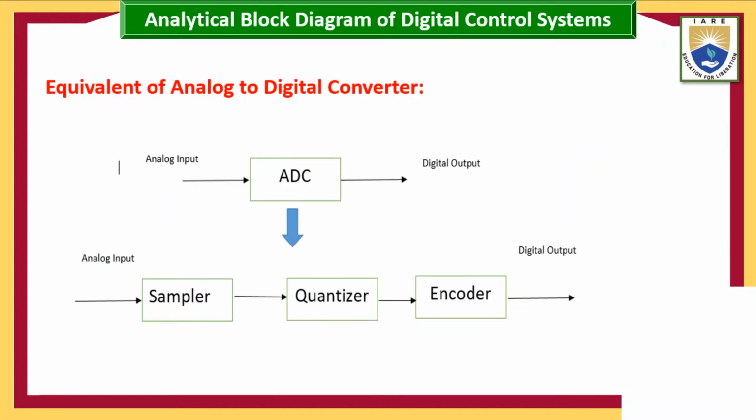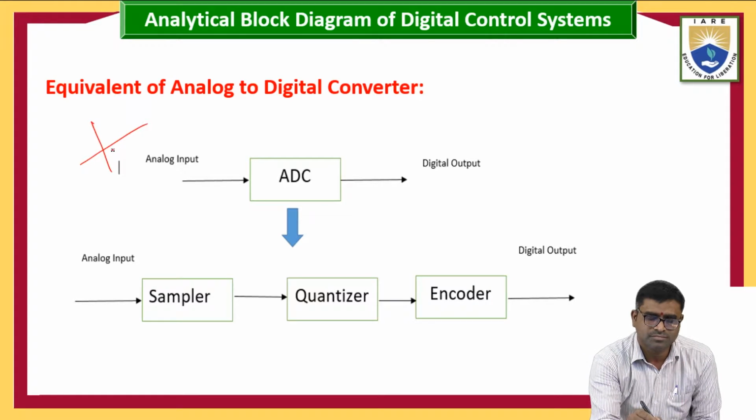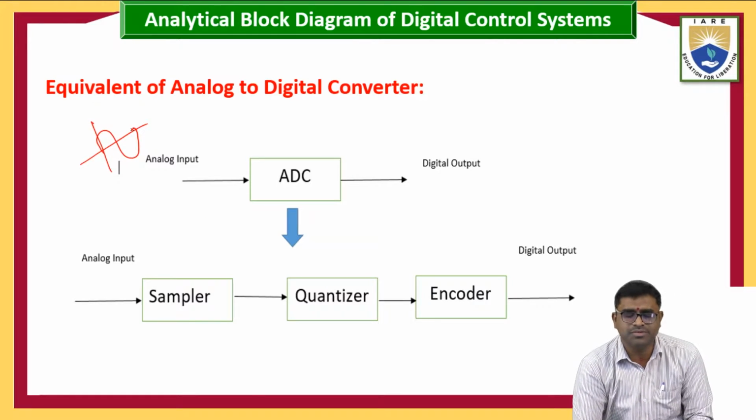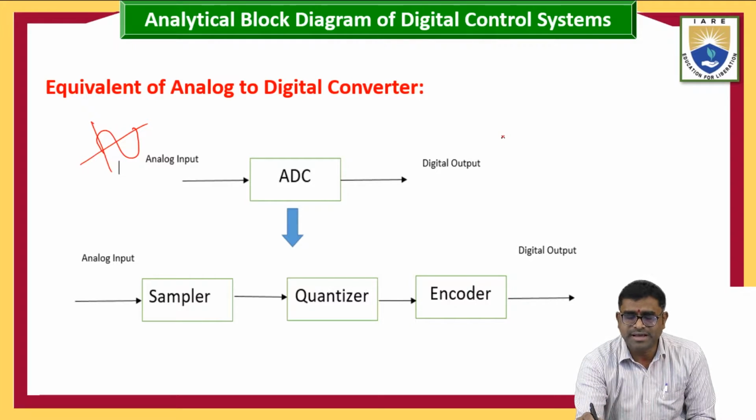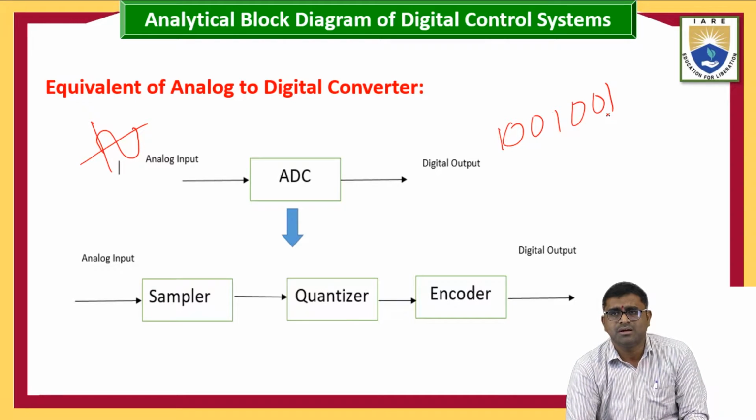Coming to the block diagram. Here for the analog to digital converter, we are taking the analog signal as the input, and we are getting the digital signal as the output, that is in zeros and ones, binary form.